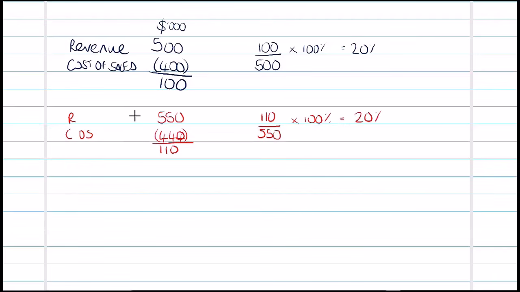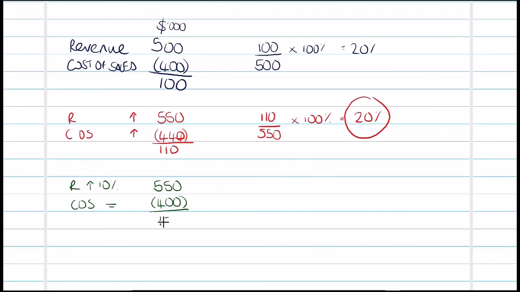So you can see what's happened there is revenue and cost of sales have gone up proportionately. Because they have moved proportionately, my overall margin has not changed. Now let's say that revenue goes up 10%, so that becomes 550 of course. However, cost of sales does not change, so that remains at the original 400.